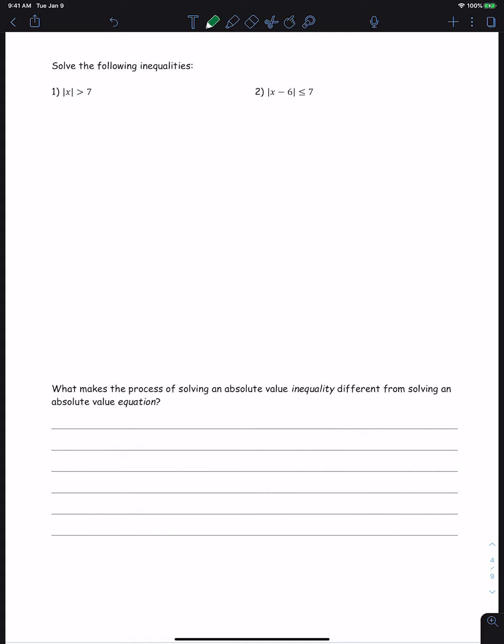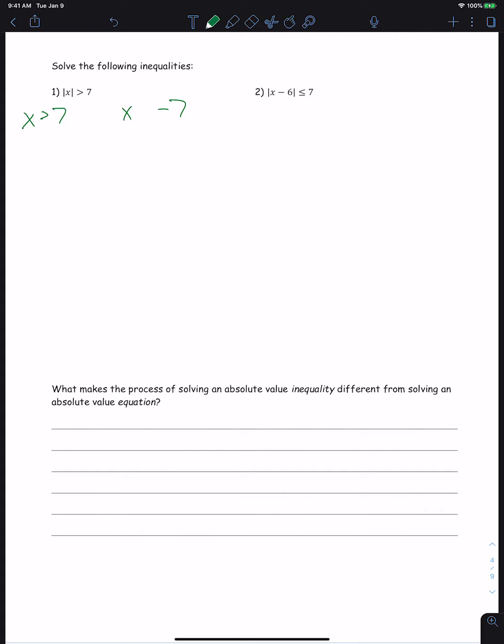So when I look at number 1, it has the absolute value of x is greater than 7. We're still going to want to split this up into 2 inequalities this time. So we know that x has to be greater than 7. But we also want to do x and then the opposite, or the negative version of that right side, which is negative 7.